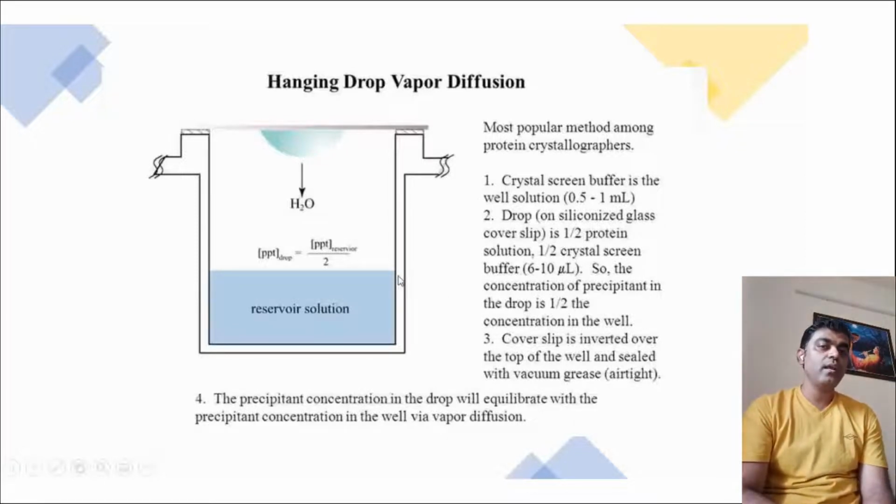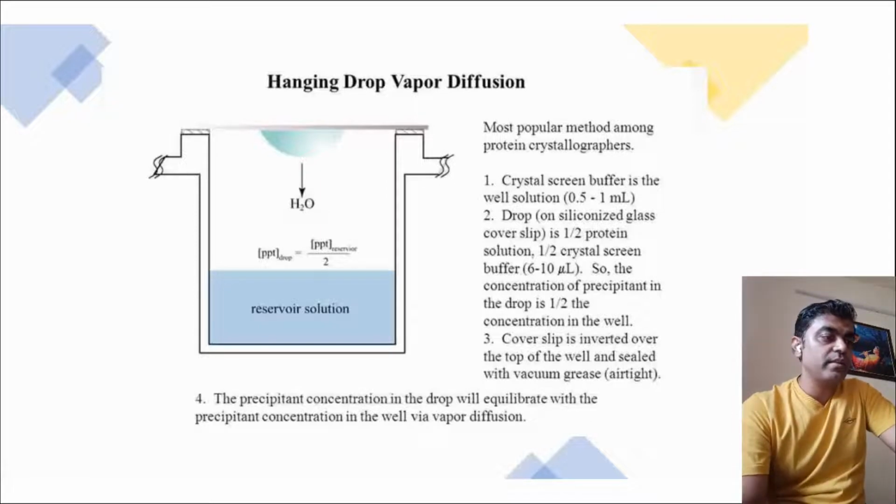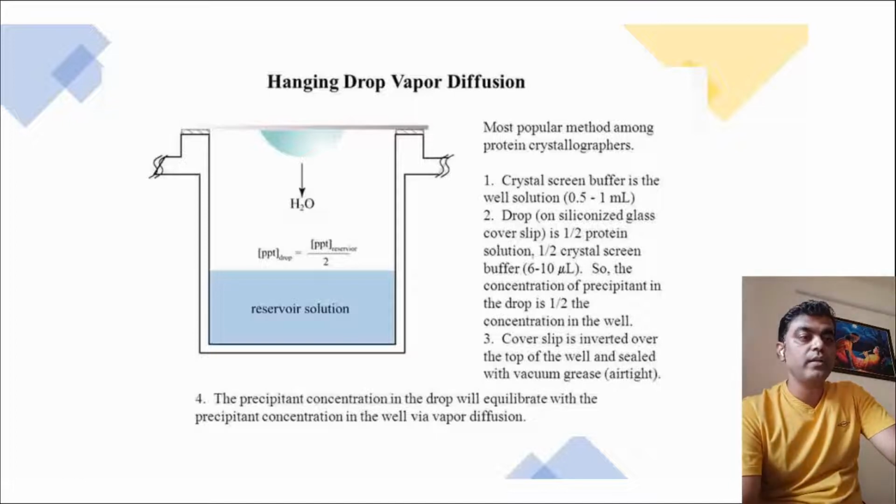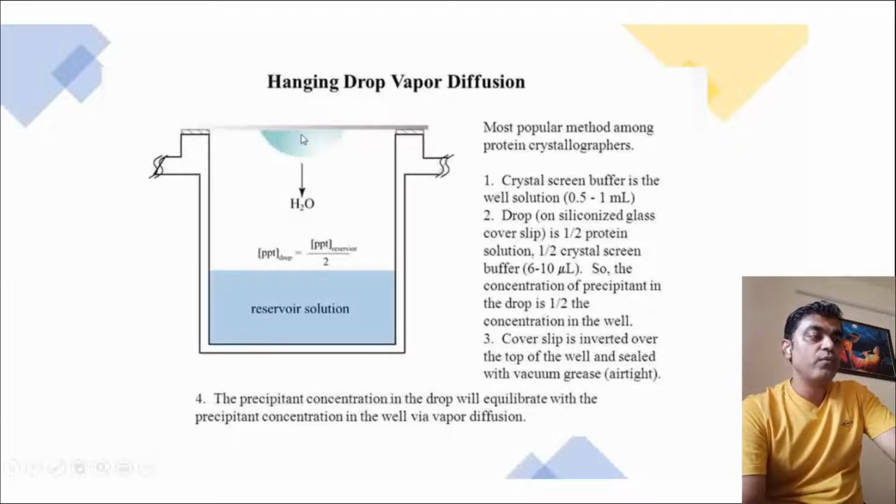So this is basically a well where you have the reservoir buffer, taken in from 0.5 to 1 ml, and you take just a small drop, hardly 5 to 10 microliter, and add the same volume of the crystal screen or reservoir solution to it. So suppose you have added 6 microliter of the protein solution, you will also take 6 microliter of the reservoir solution and add to it.